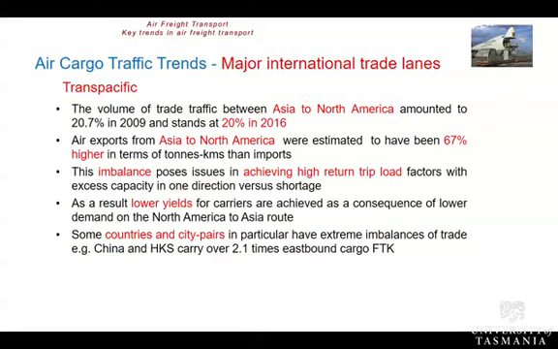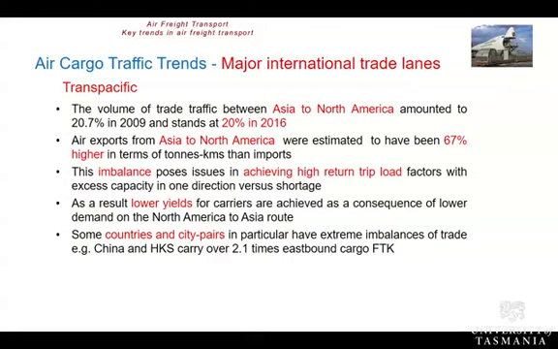It also flows down into some of the countries involved in those two regions. If you have a look at China and Hong Kong, in terms of the cargo that it moves to North America, it's moving twice the volume of cargo that is coming back the other way.